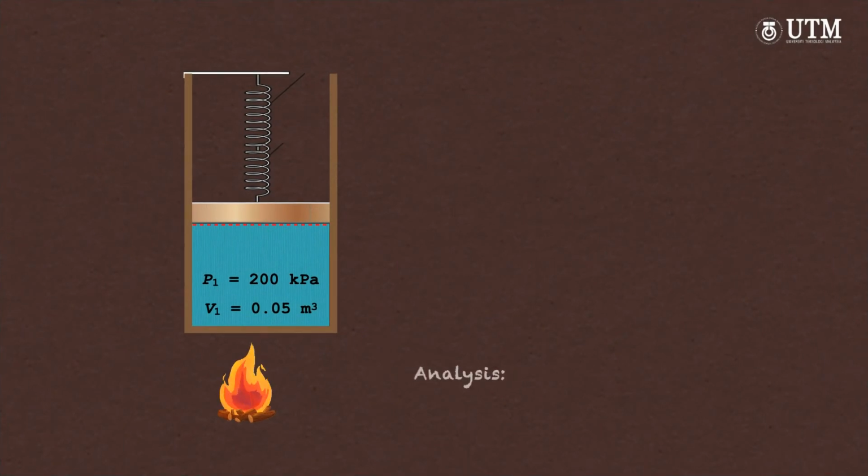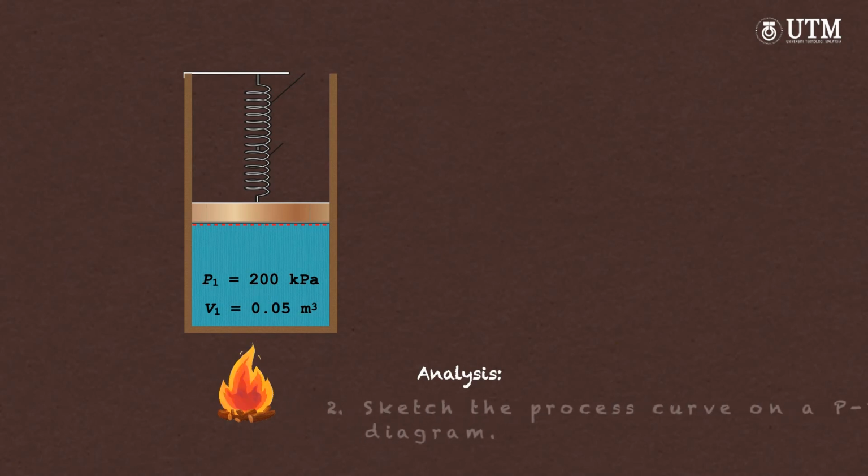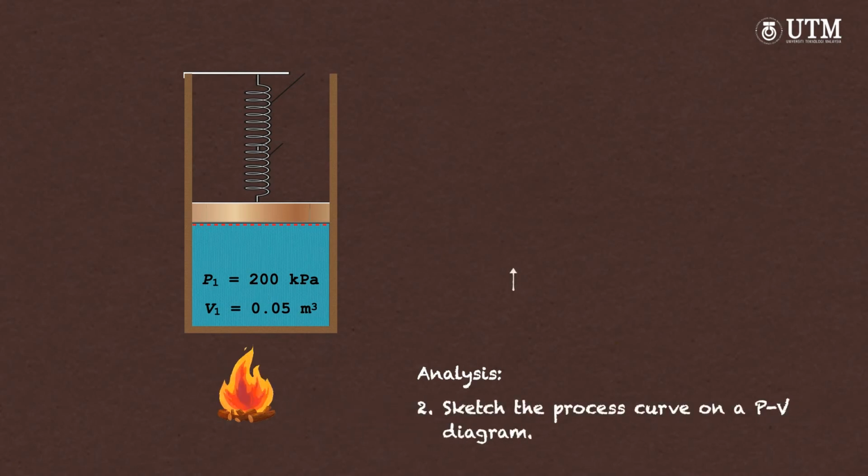After the related properties for states 1 and 2 have been determined, we can easily sketch the process curve of the system on a PV diagram as demonstrated here.